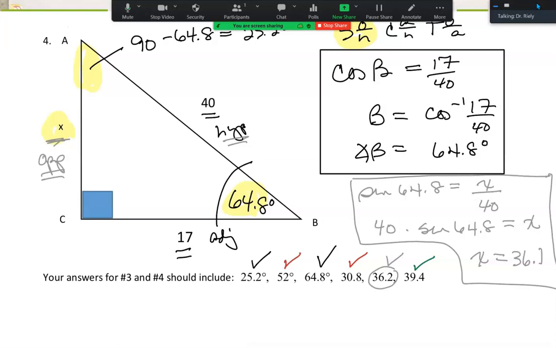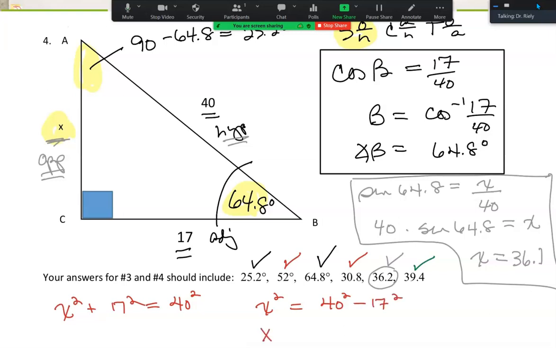Another way I could have gotten that missing side was to do the following. I could have said x squared plus 17 squared equals 40 squared, because that's the Pythagorean theorem. So then x squared equals 40 squared minus 17 squared.